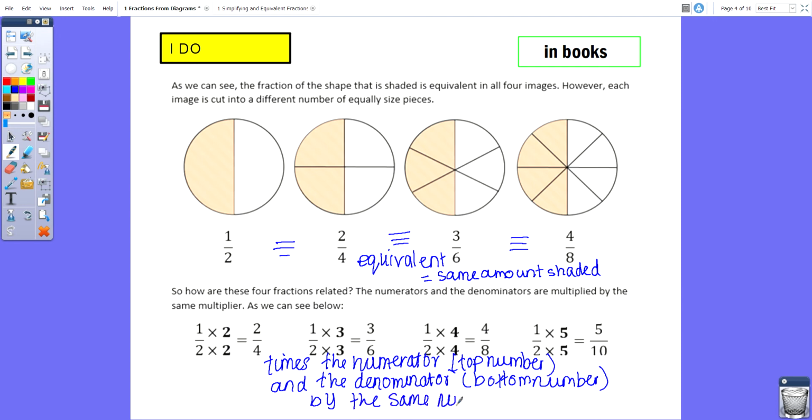So that's how we find equivalent fractions from these diagrams. Pause the video if you need more time to copy these down. I'm going to move on to the next part of the lesson.